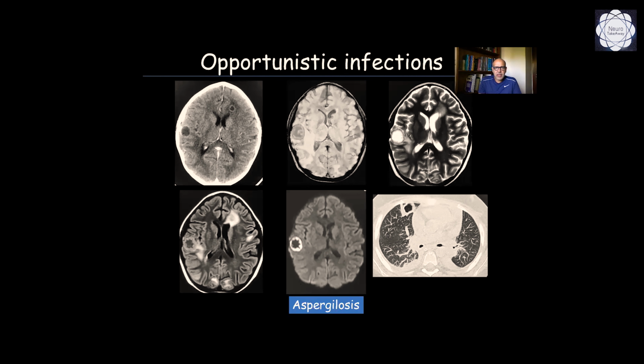Aspergillosis is an opportunistic infection that may present with different patterns. One of the most frequent is the presence of granulomas. This is a typical granuloma with a peripheral restriction area that usually enhances a lot, and the center of the lesion is liquid and there is no restriction.